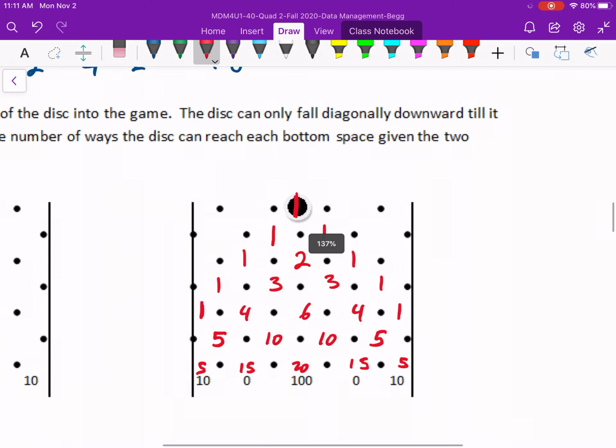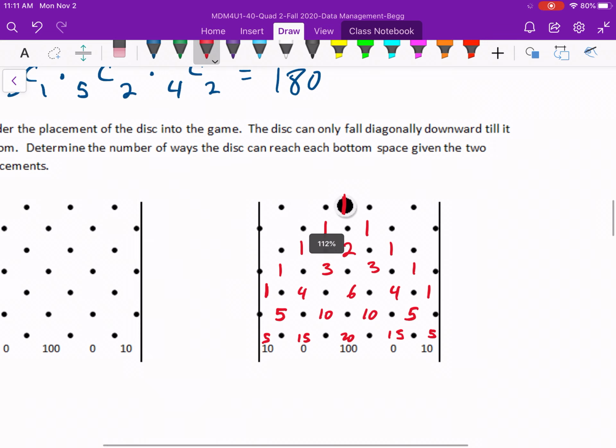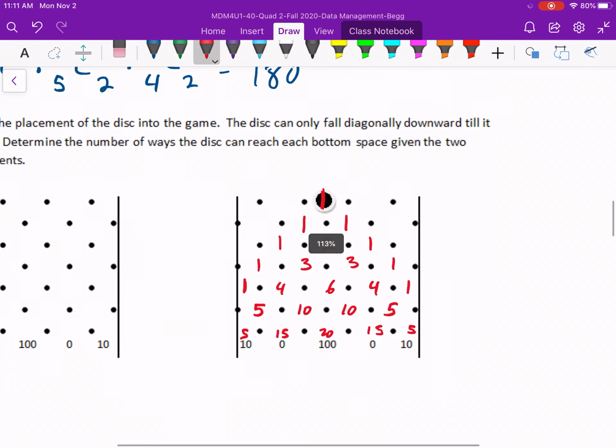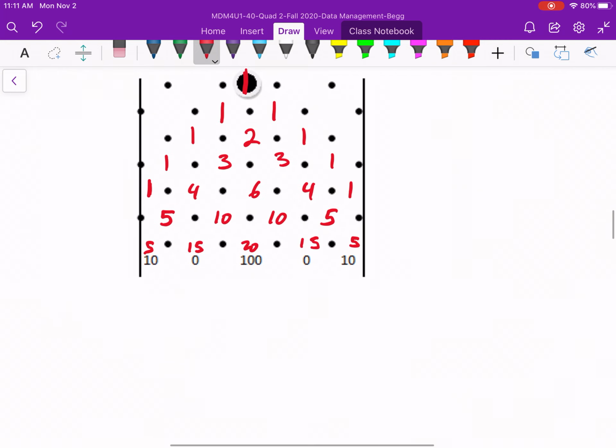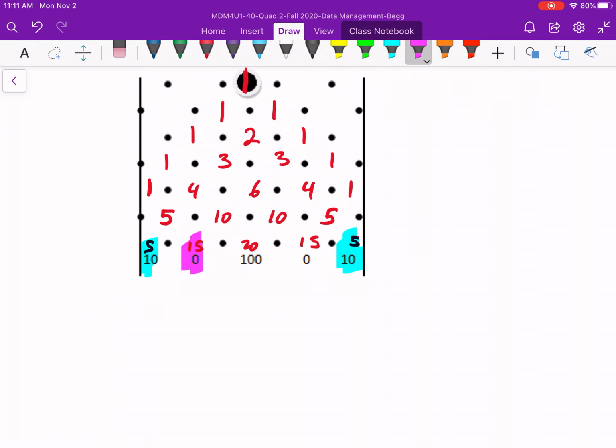So how many ways? What are we counting? We're counting the number of ways the disc can reach each bottom space given the two different placements. So we've got 5 ways to get 10 points and another 5 ways to get 10 points. We got 15 ways to get 0 and another 15 ways to get 0, and we got 20 ways to get 100.